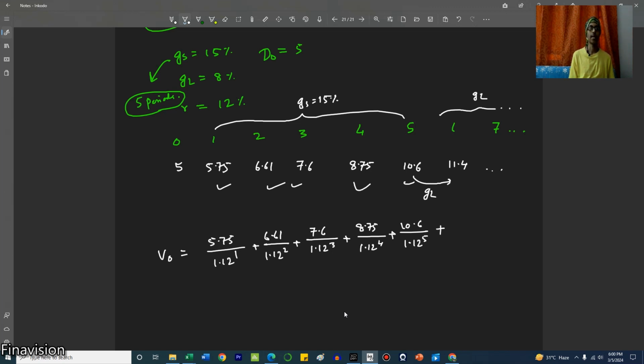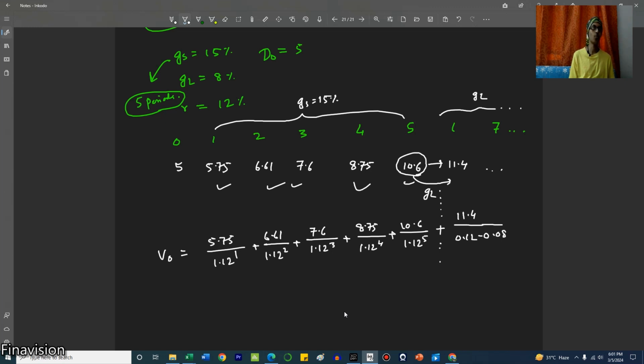plus here comes the perpetual portion, because this is the perpetual portion, right? Now let's say this is D5. If we have multiplied this one time with GL, that means we have got D6, right? So 11.4 divided by 0.12 minus 0.08.